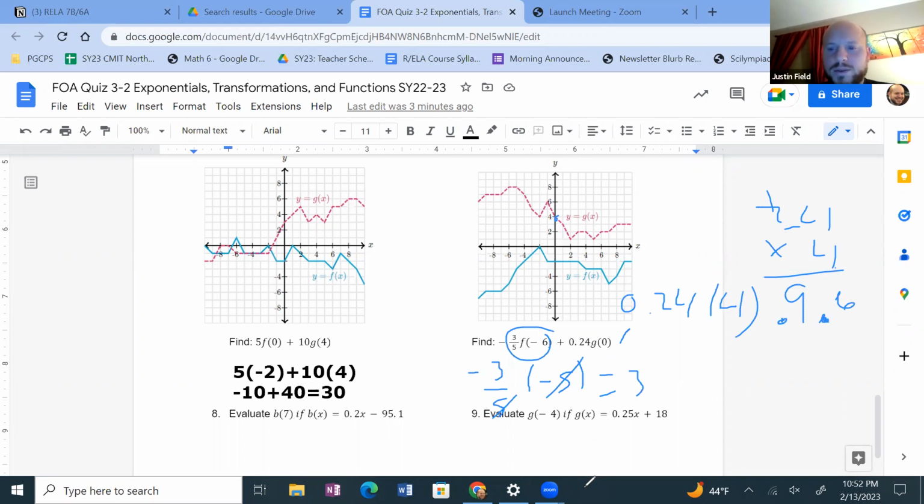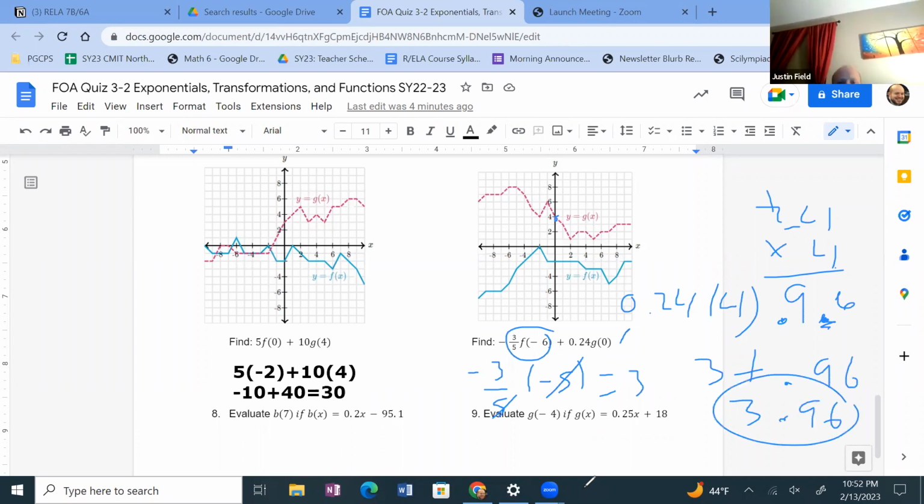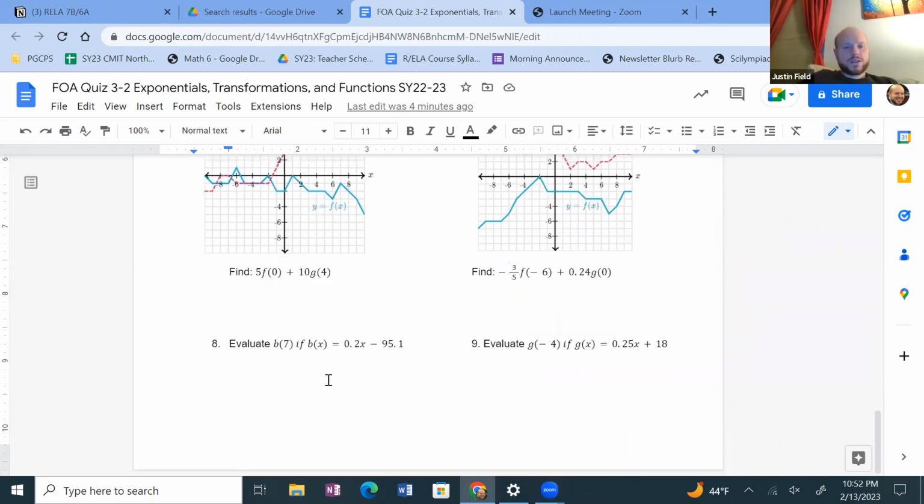Sorry, there's two numbers behind the decimal. So 3 plus 0.96 will be 3.96. Ask a neighbor if that didn't make sense. That's what it is. All right. Moving right along.